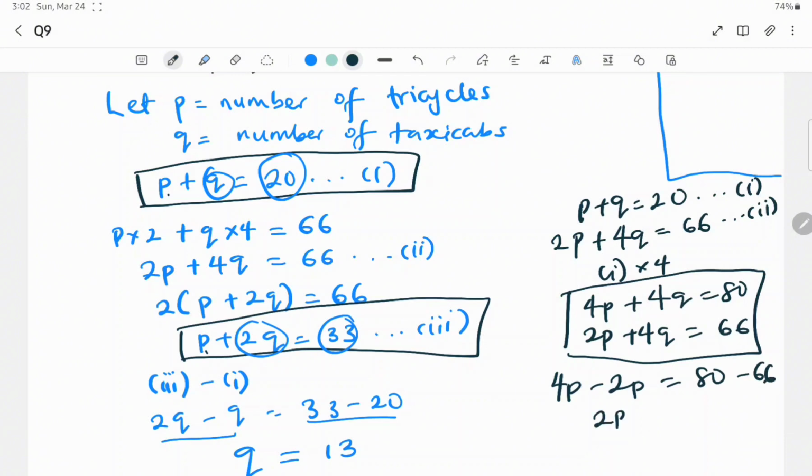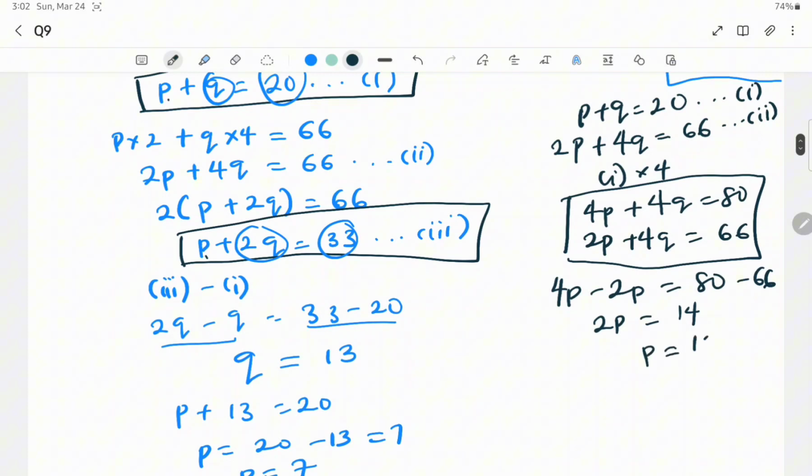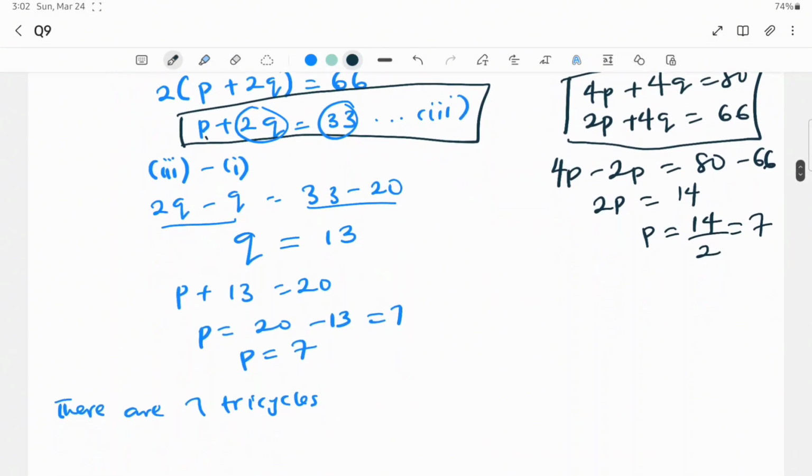That means 2P equals 14, and P is 14 over 2, which is 7. So you get the same answer, and even if you solve using the substitution method, you'll get the same answer. So we have 7 tricycles.